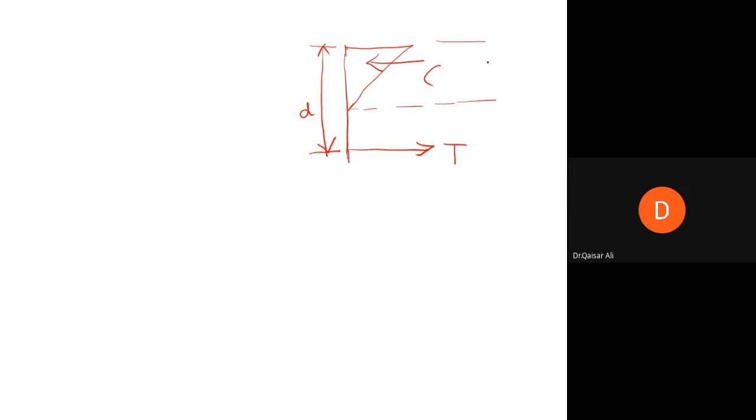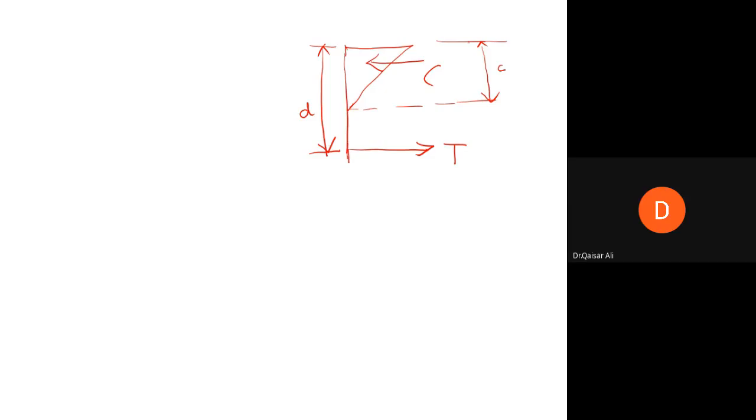An important point to note is that the depth of this compression zone of the concrete is now not equal to h/2. It is equal to some distance c, small c, but this distance is not known to us.